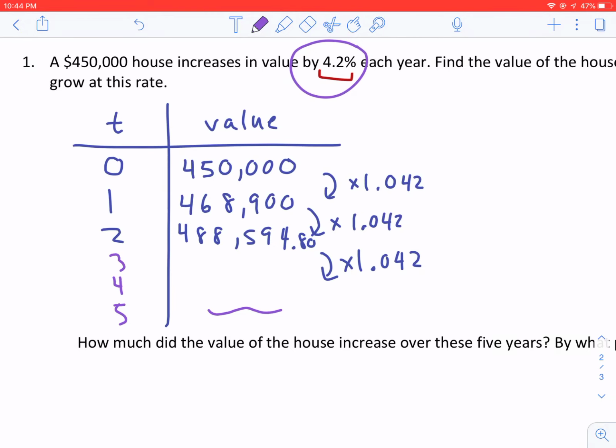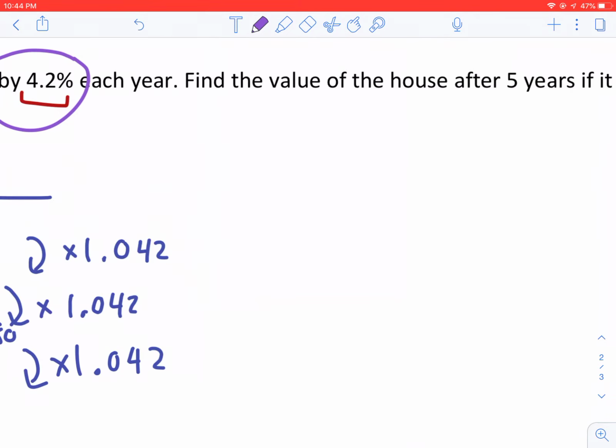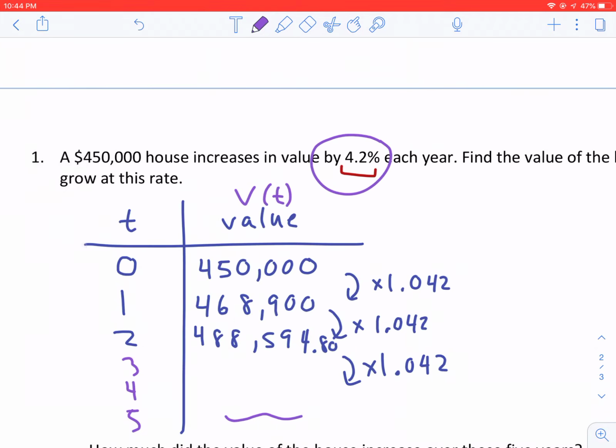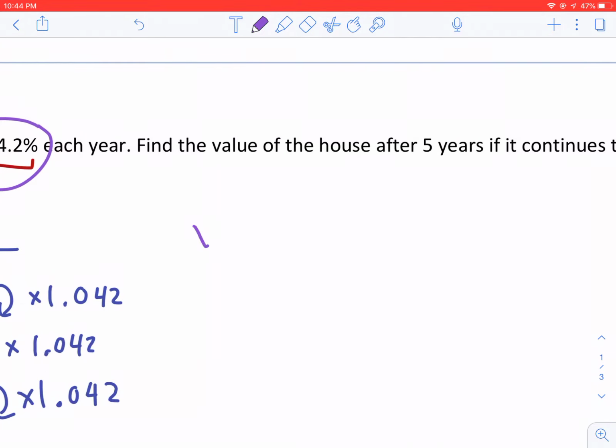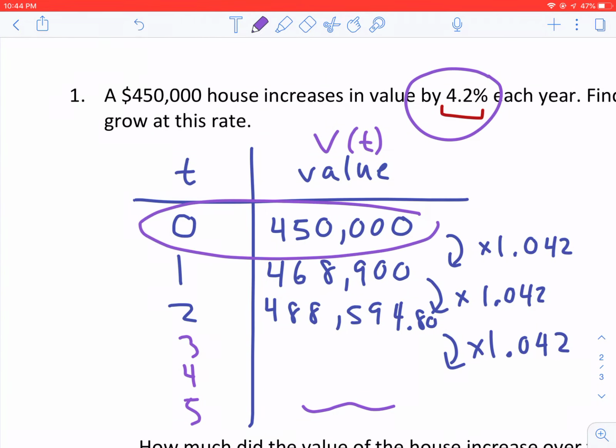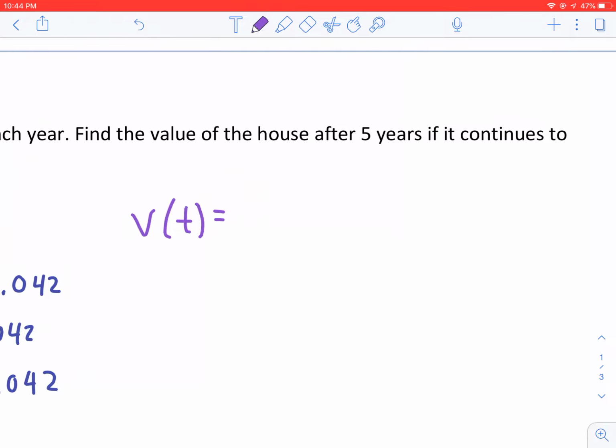So in general, if I want to write this as a function, let's call the value f of t. Or even better, let's call it v of t, the value as a function of time. So the value of this house as a function of time is going to be the original value, which is 450,000, times 1.042 to the t power, where t is the number of years.